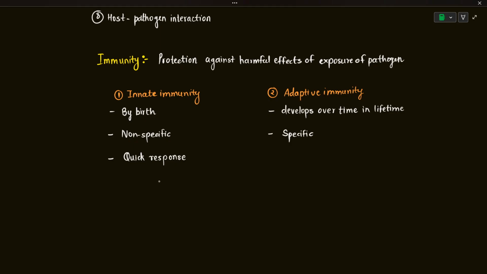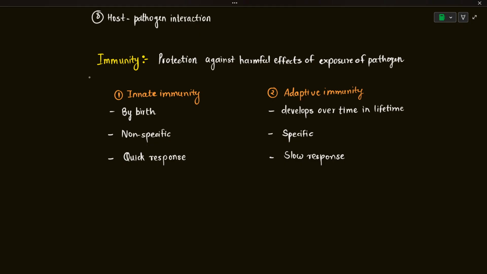But somehow, if the pathogen enters our body, innate immunity is going to work, and the type of response that innate immunity has is a quick response. On the contrary, the response that adaptive immunity has is a slow response. Imagine innate immunity like a toddler, and adaptive immunity like a teenager.